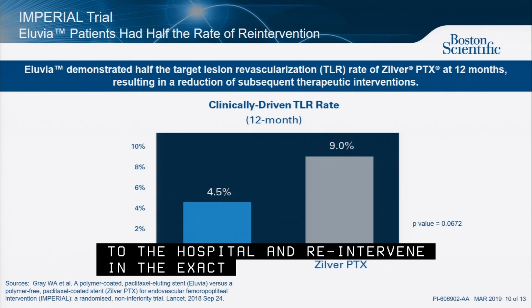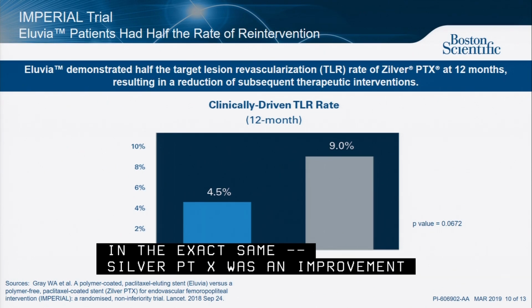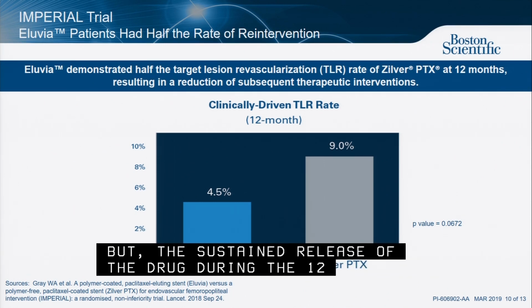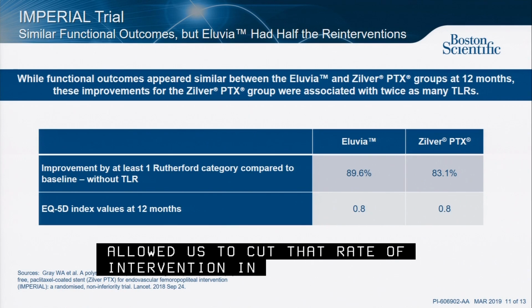And granted, Silver PTX was an improvement over non-coated devices, but this sustained release of the drug during those 12 months allowed us to cut that rate of reinterventions in half, as was proven in this clinical trial, published in The Lancet, by the way.